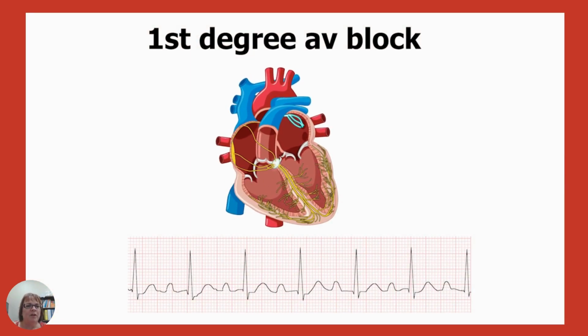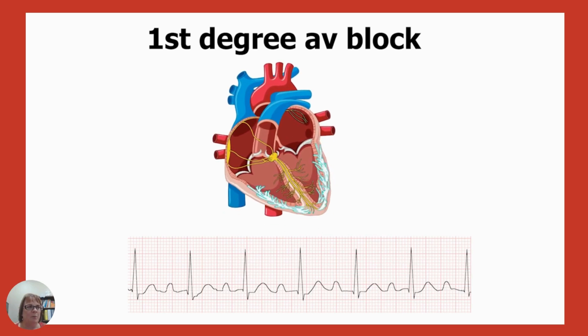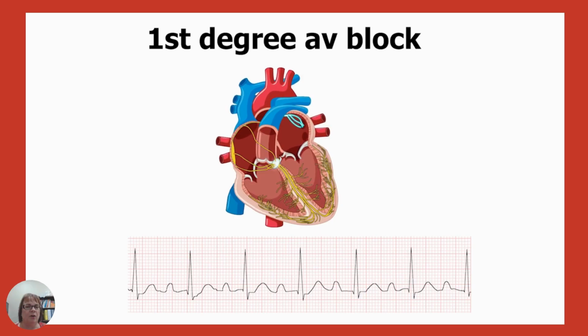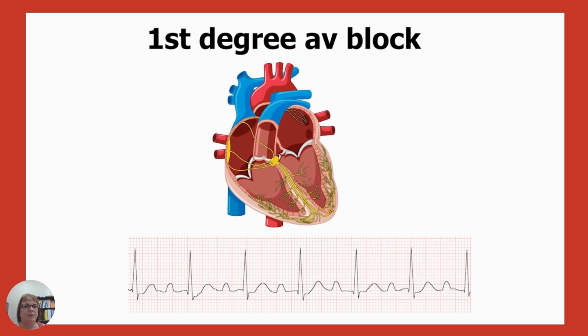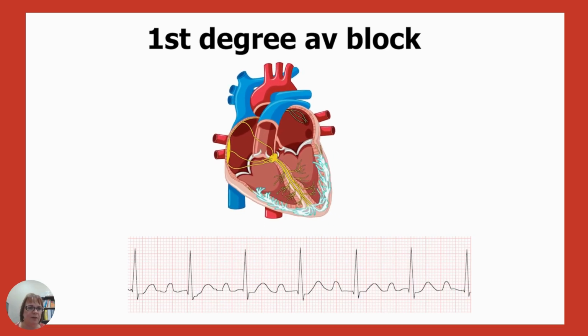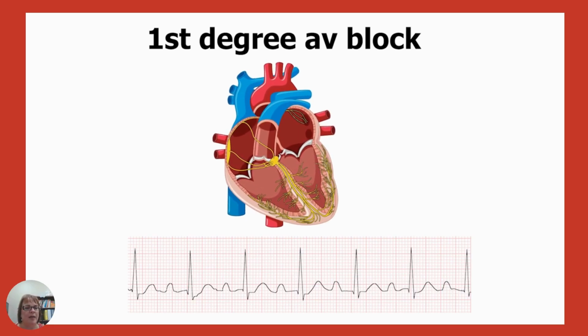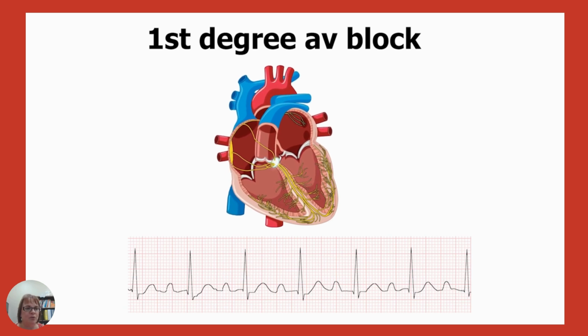The next rhythm we're going to talk about is first degree AV block. This is where there is a problem with the electrical part of the heart, with the SA node getting that message to the AV node. The SA node is up here in the atria, and for some reason it's taking a little longer for the ventricle to get the message, it's your turn to pump.